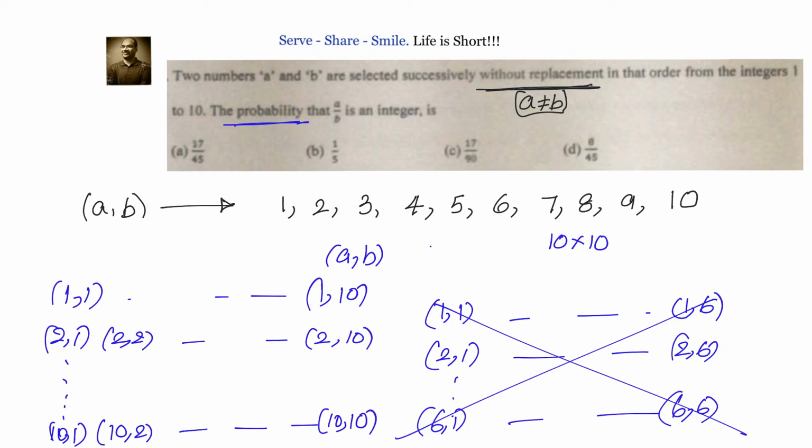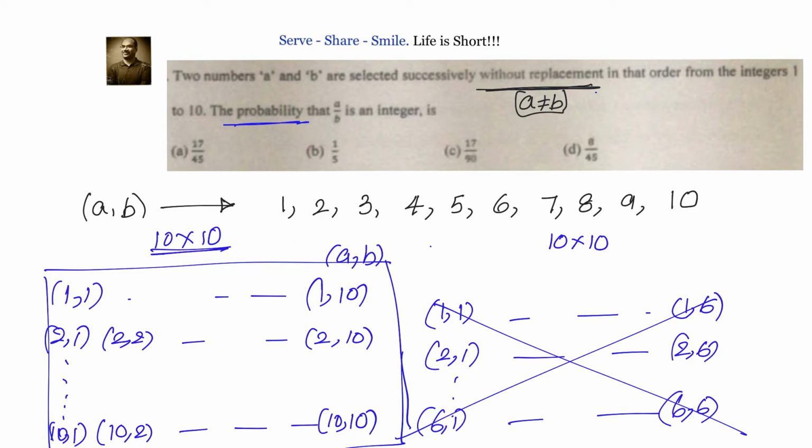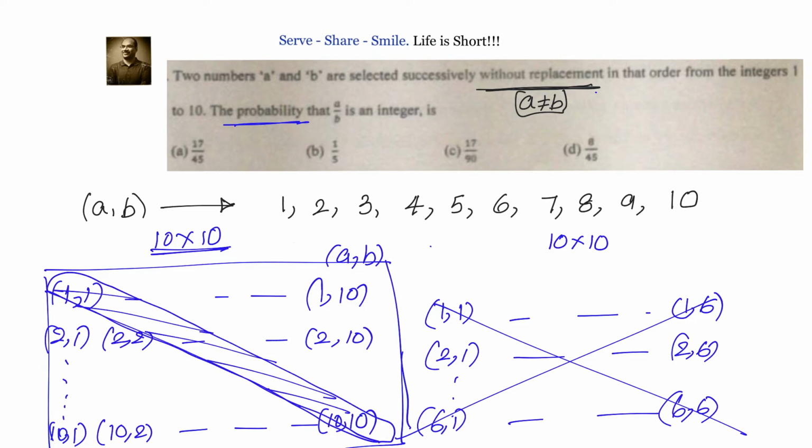Now if it is a matrix of 10 by 10, what are the different options available to us? 10 into 10, 100. Now remember, they have told us that it is without replacement, that means a cannot be b. So the values in this diagonal are not allowed. I cannot have a equals b. How many values are like that? 10 values. 100 minus 10 is 90.